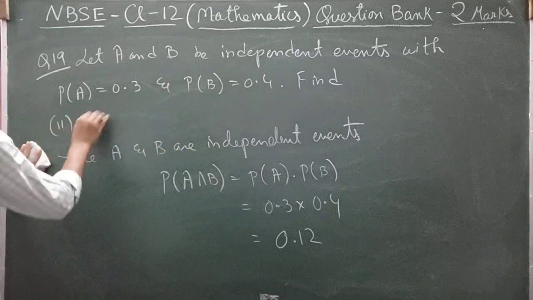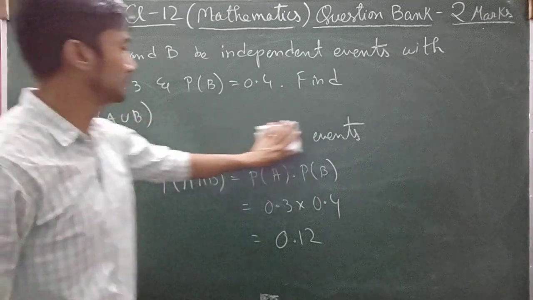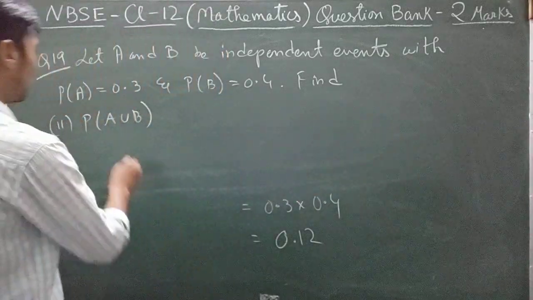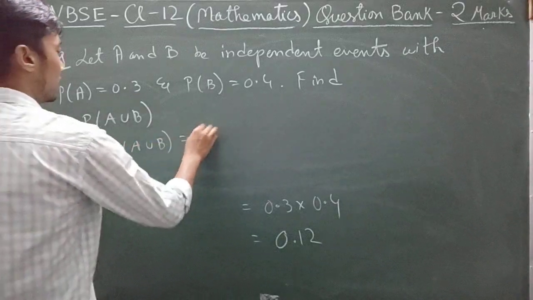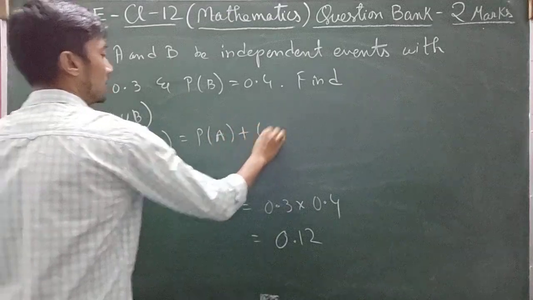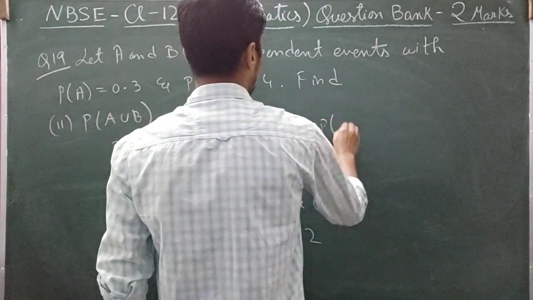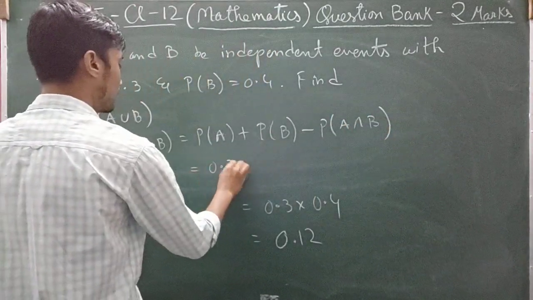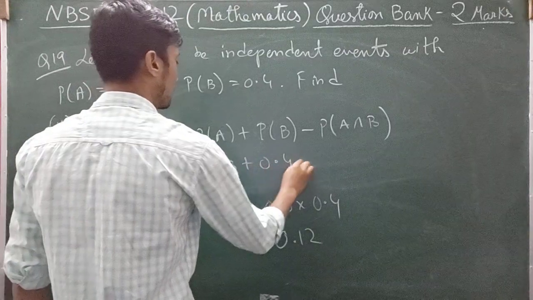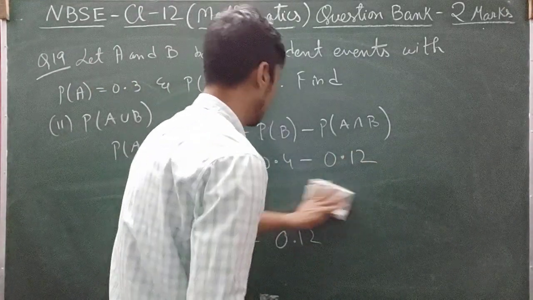Next question, number 2. They ask probability of A union B. So probability of A union B, addition theorem: probability of A plus probability of B minus probability of A intersection B. Probability of A is 0.3, probability of B is 0.4, and probability of A intersection B we just calculated as 0.12.